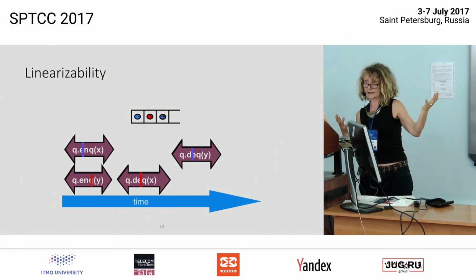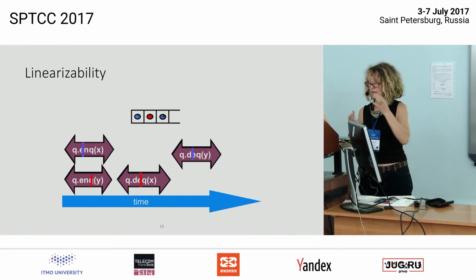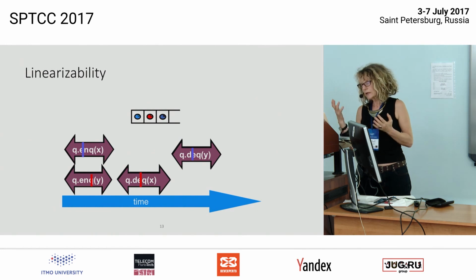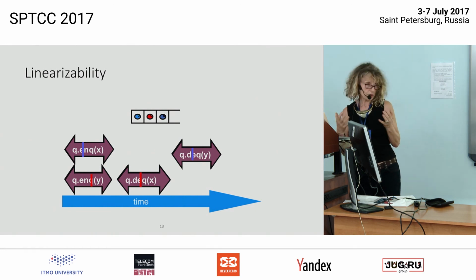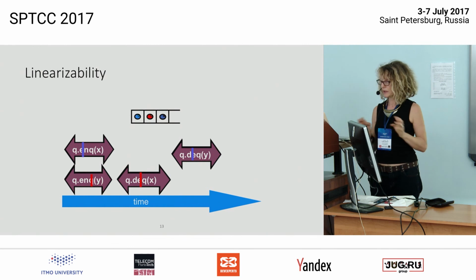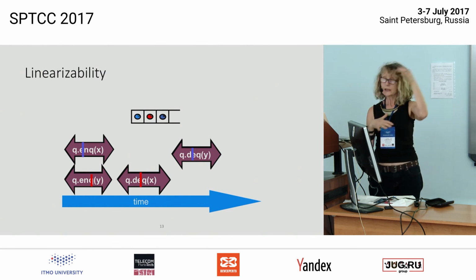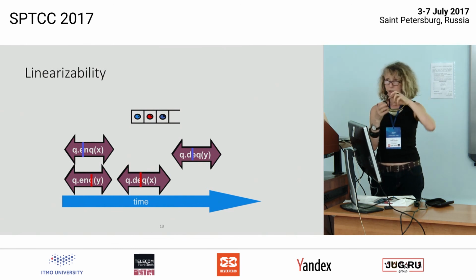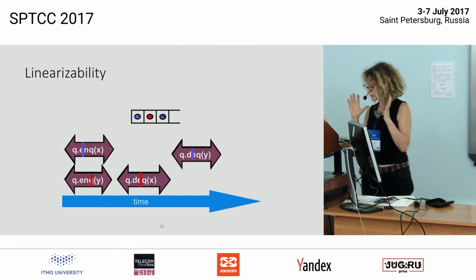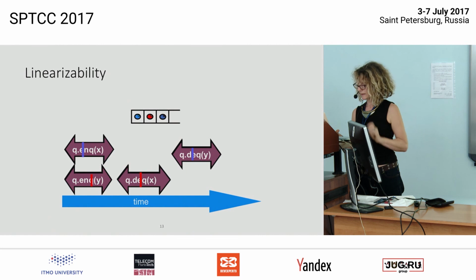Since enqueue X happened first, it dequeued X, and then when the blue transaction dequeued, it got a Y. Right? So this is a linearizable execution. Even though the transactions were running concurrently, the data structure linearized the execution. The result of the highly concurrent data structure is equivalent to a linearizable execution. That's what the data structure guarantees.